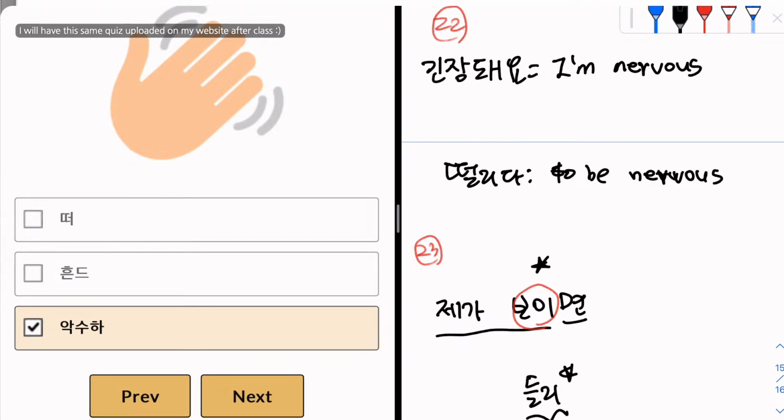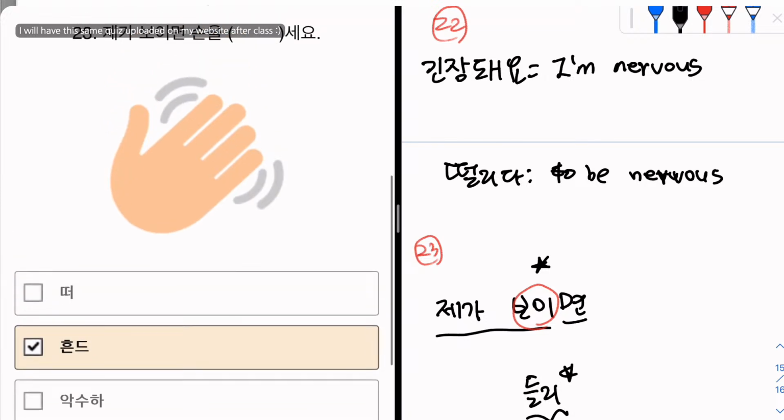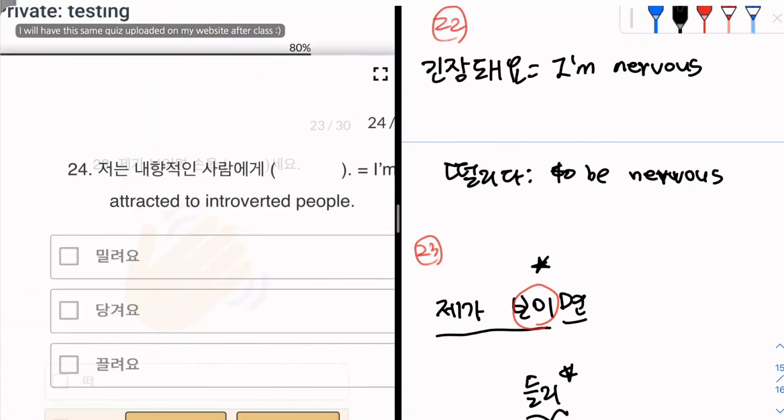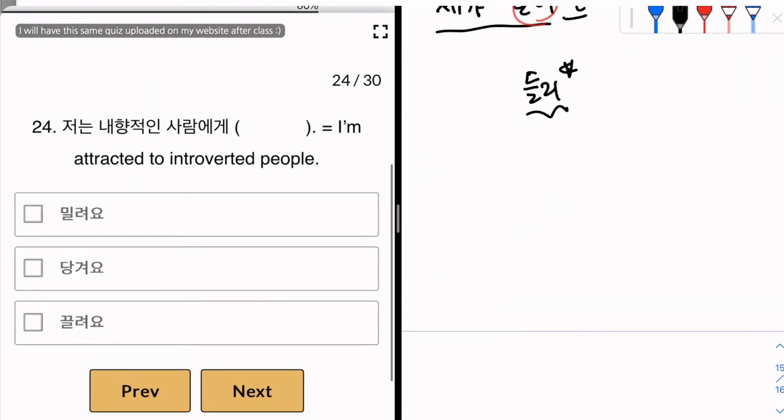So it's 손을 흔드세요. 손을 흔들다 means to wave your hand, right? And 손을 떨다 means to unwillfully shake your hand. And 악수하다 means to shake hands. So for waving a hand, you can say 손을 흔들다. So 제가 보이면, if you can see me, 손을 흔드세요. Wave your hands.